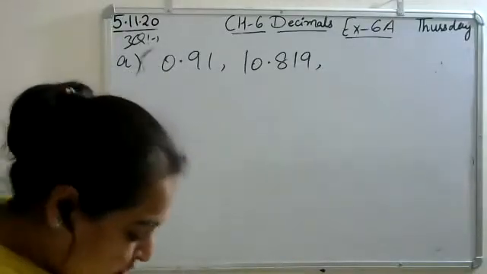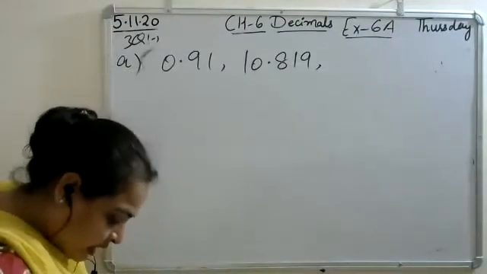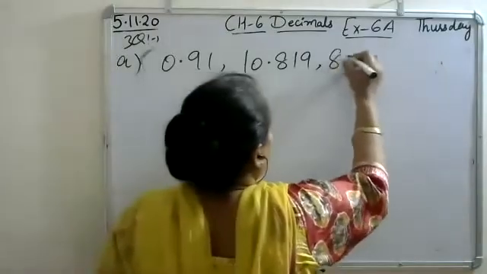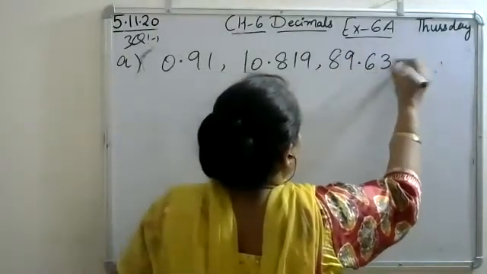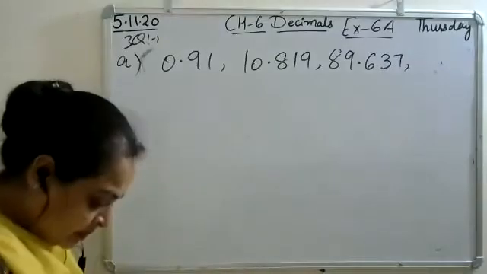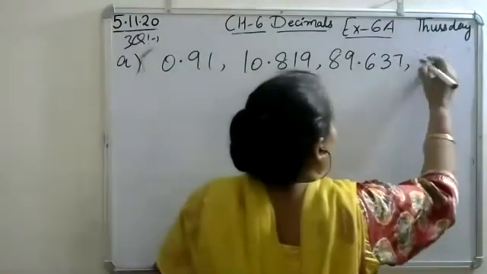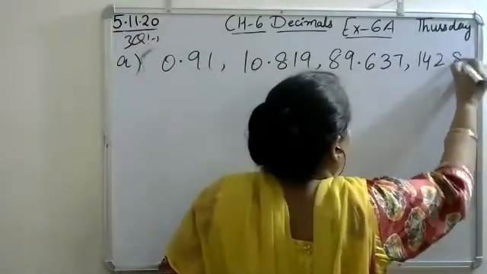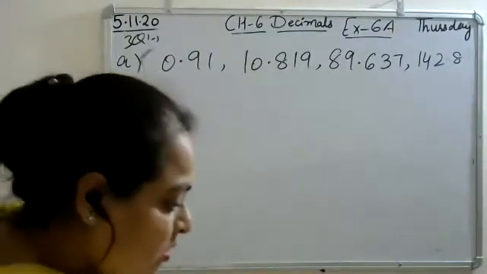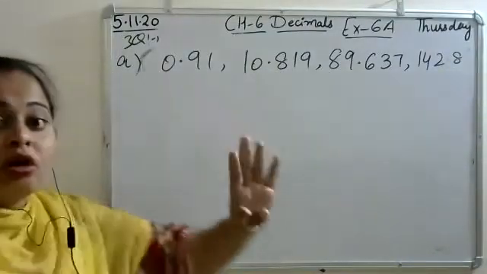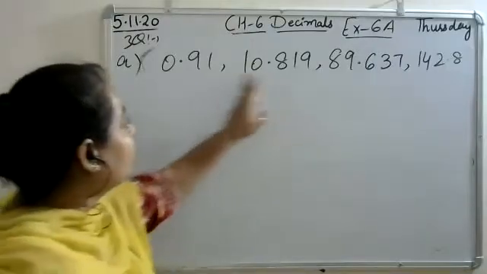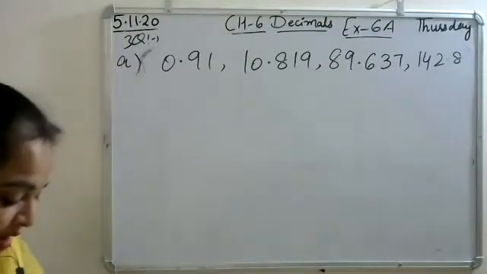After that we have 89.637 and 142.8. Now tell me, 4 decimals are given to you. 1, 2, 3, 4. All are unlike.